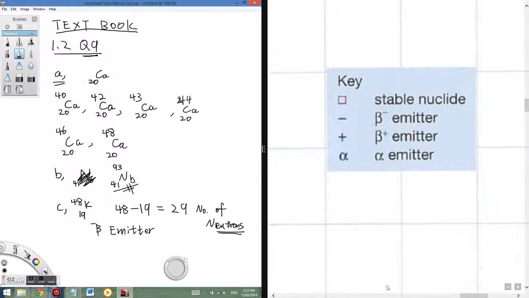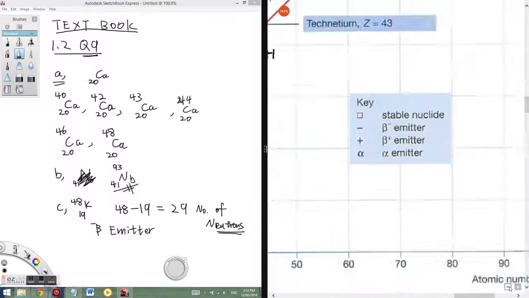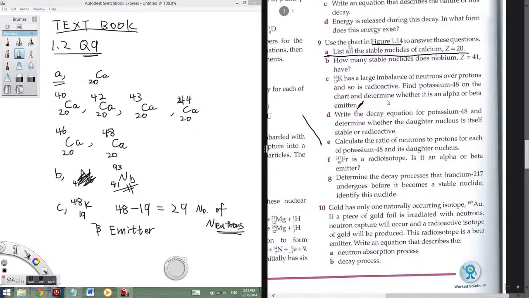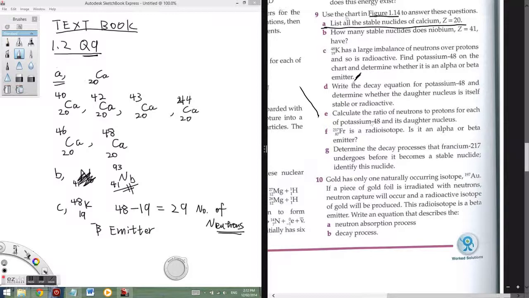It emits beta particles. So in this question, we're basically reading the chart. Now, question D: write down the decay equation for potassium 48 and determine whether the resulting nucleus itself is stable or radioactive.